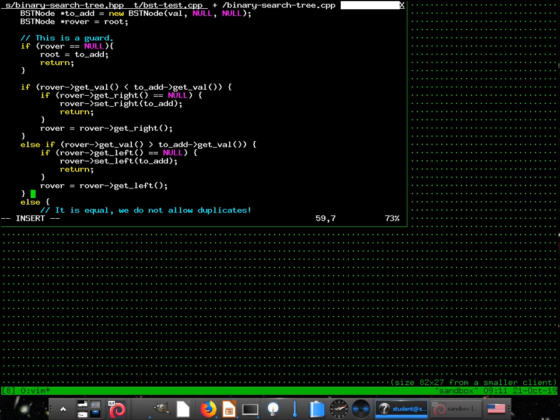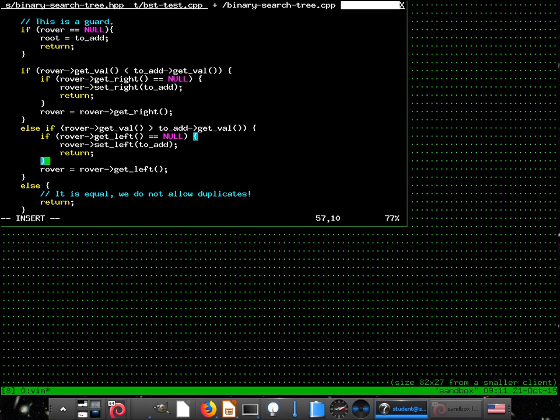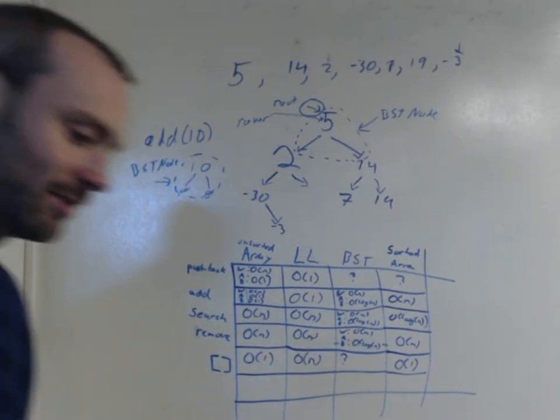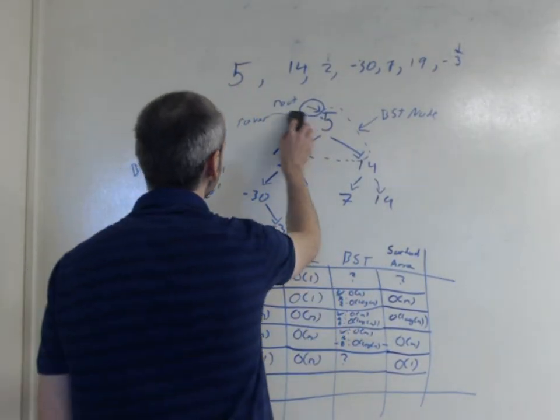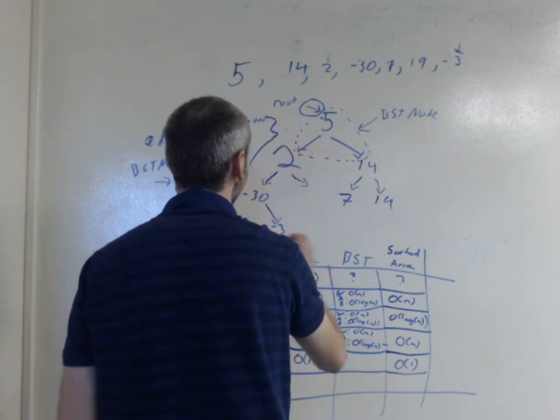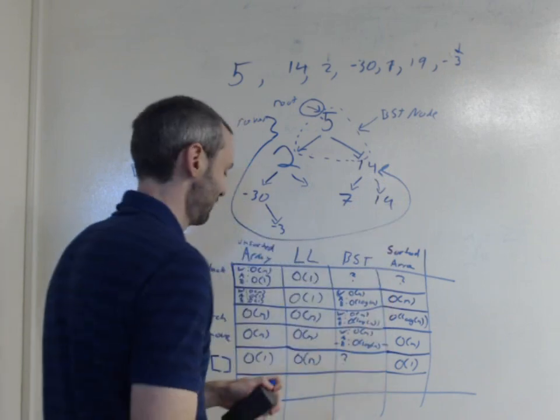Now we don't allow the equals, so we would just return false. We just return for now. Well, the problem here, hopefully you can see, in our situation, is that now Rover is pointing to the 14.